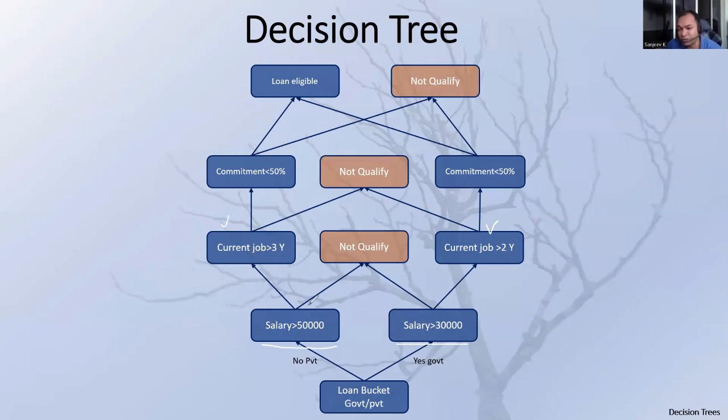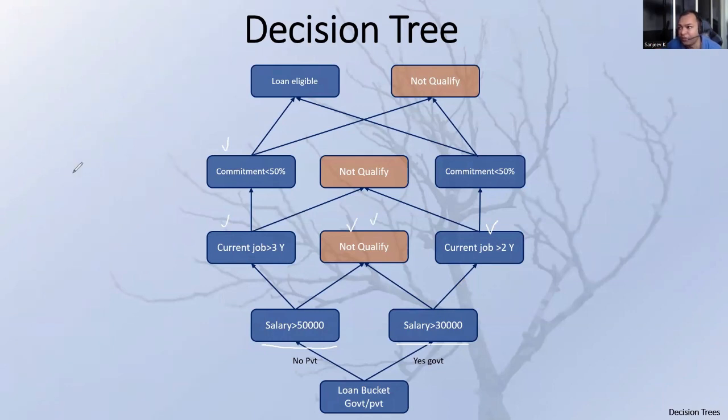If the person is not getting a 50,000 salary, we say he is not qualified for the loan. Similarly, if the person does not have a salary of 30,000, he is not getting a loan in the government sector. And so on, we continue to ask these questions. We look at how many expenditures he has in the current setup.